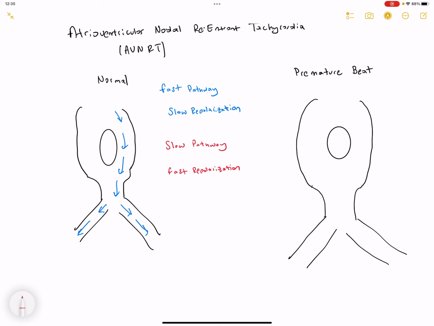They're basically relaxing and trying to get back to the state in which they were able to start depolarizing.